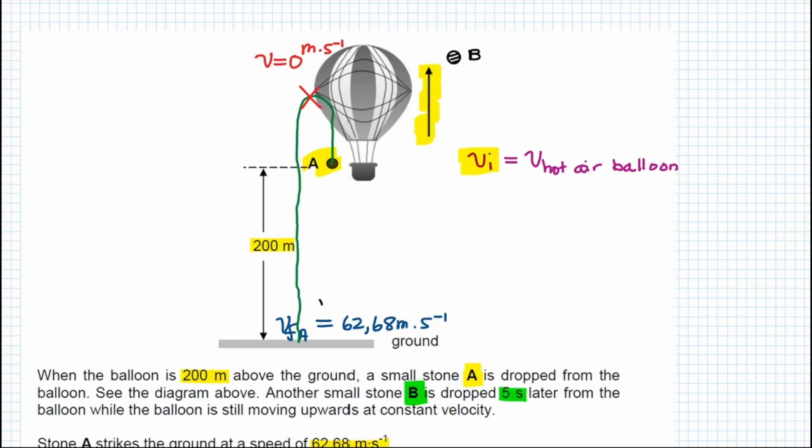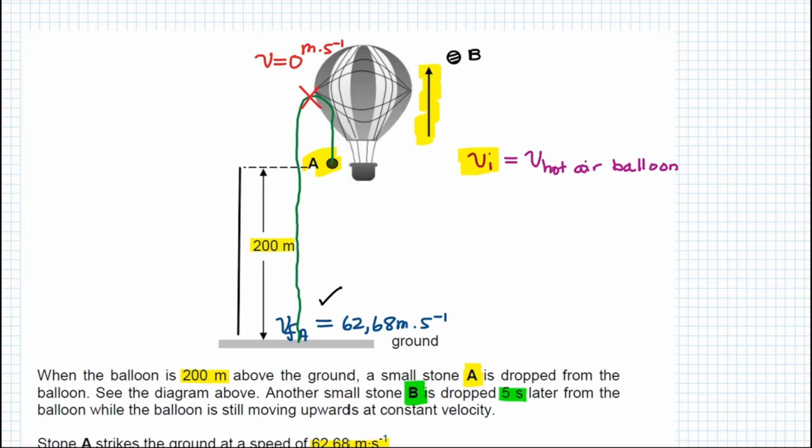Now we have this information. We know that stone A will have a displacement. So remember, displacement is the shortest measurement between its final and initial position. So stone A, although it moves upwards, its displacement is this 200 meters.